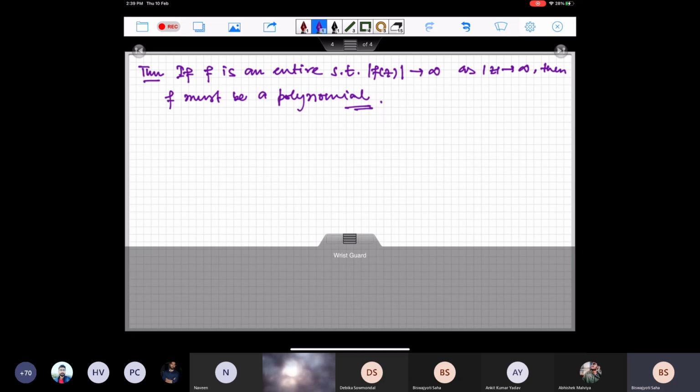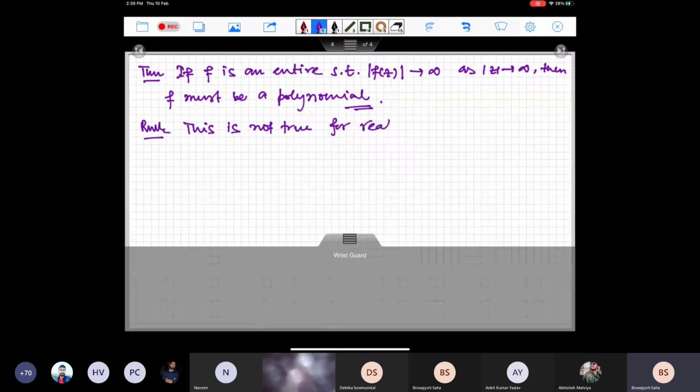Okay, so again here I would like to mention that this is not true for real C infinity functions. Okay, so here entire function, or complex entire function, means functions which are holomorphic on the whole of C. For those functions, this is true.